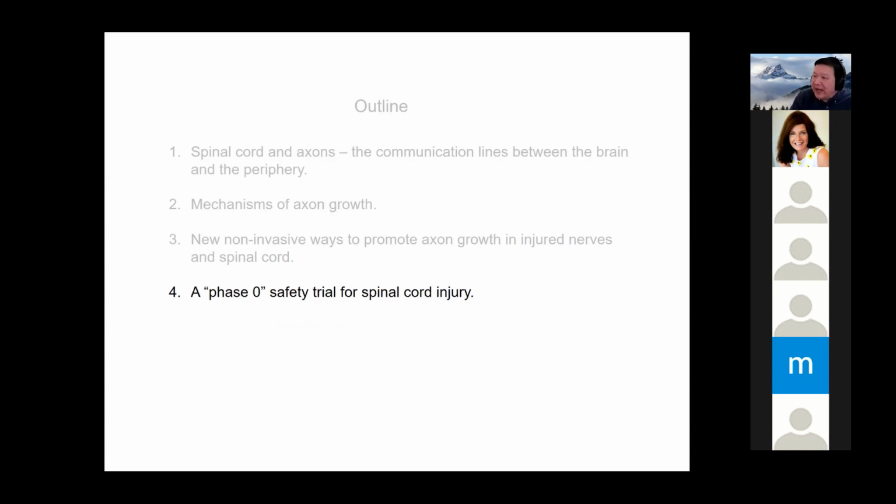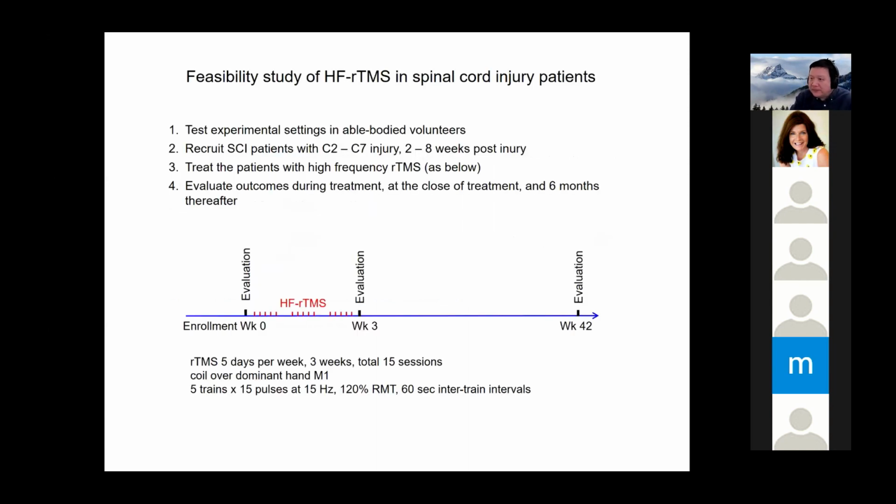So having shown that high-frequency rTMS can elicit cortical axon regeneration and sprouting in spinal cord injury mice, we have started a phase 1 clinical trial to assess the feasibility and the safety of high-frequency rTMS. The patients will be treated with high-frequency rTMS for 3 weeks using parameters equivalent to those we have tested in mice.